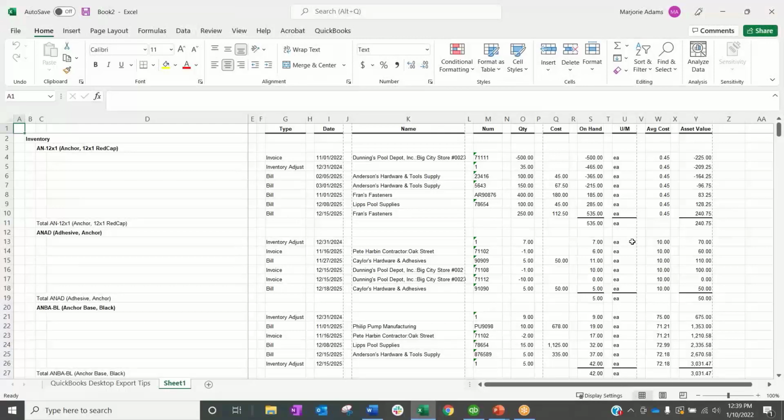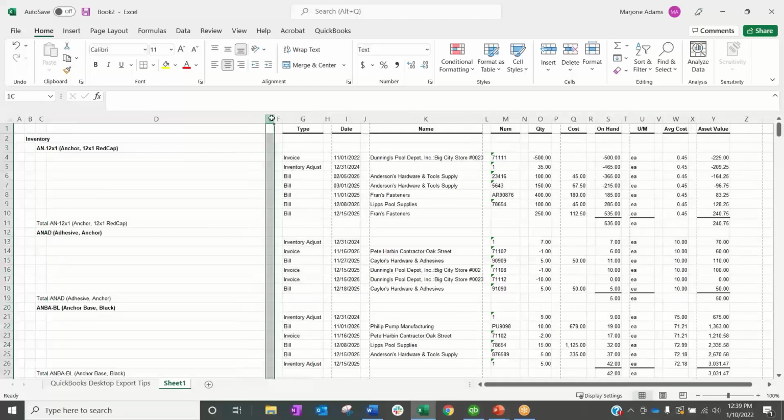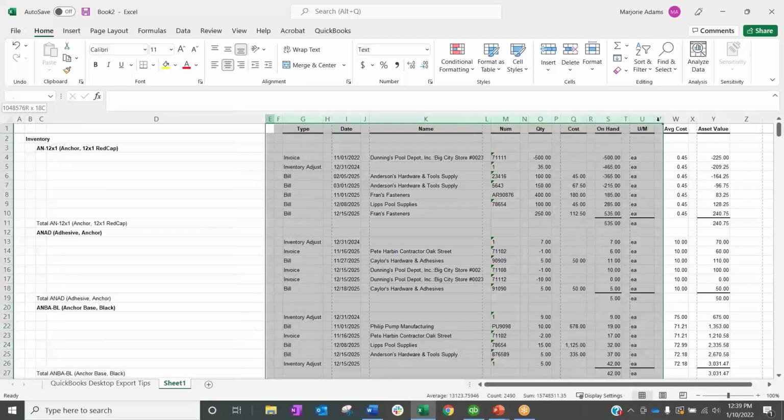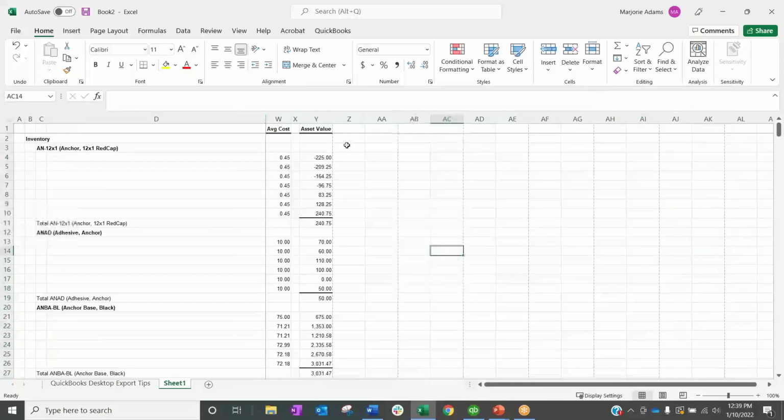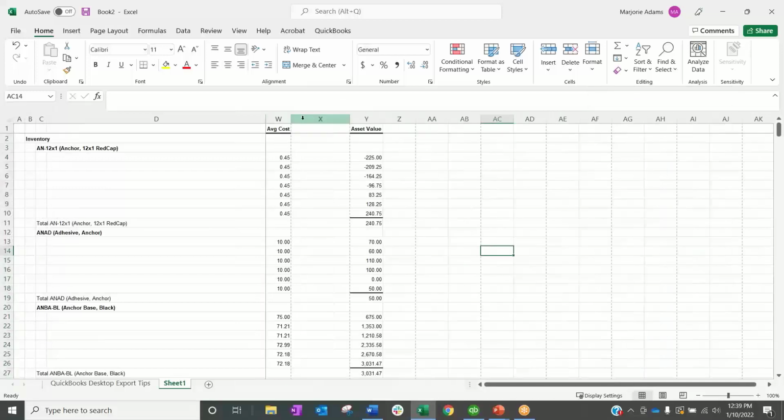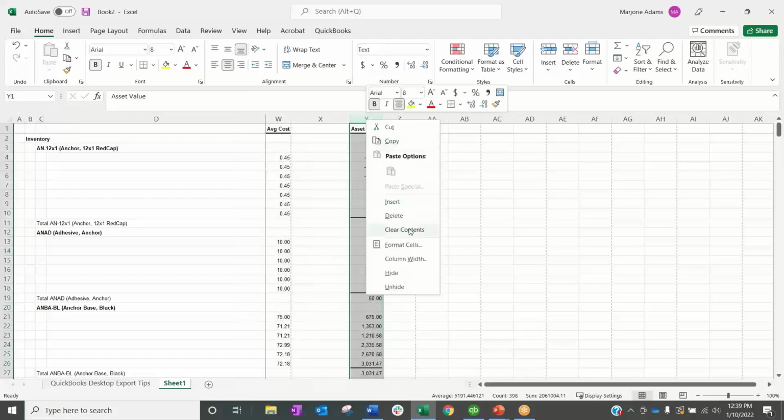Okay. So you guys have seen some of my if-thens before, but let's just do one of my if-thens real quick. So I'm going to hide all these columns, because all I care about is this asset value.